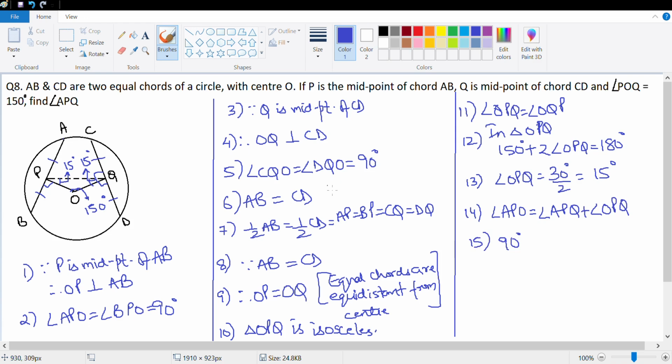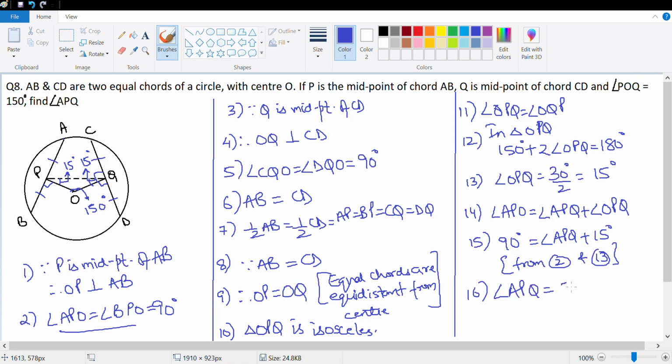We calculated this in number 2, angle OPQ is 15 degree. From 2 and 13, angle APQ is equal to 90 degree minus 15 degree, which is 75 degree. That's the question. We've already done that. Good, let's look at the next question.